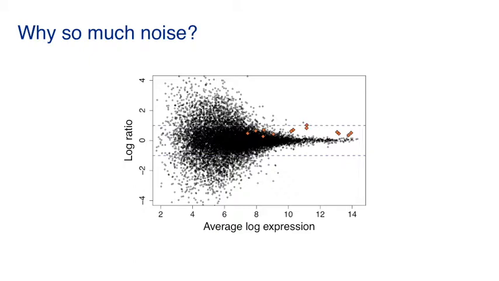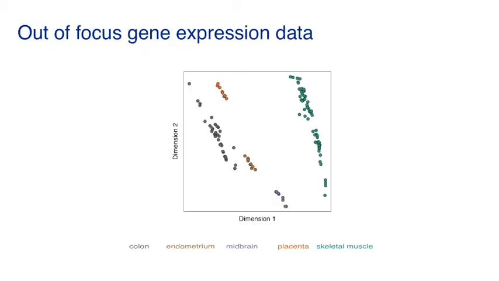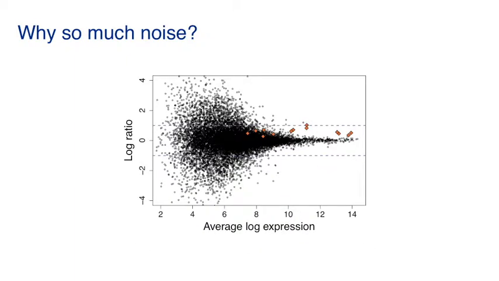So this is a plot of just two samples, and it's an experiment that was run just to check if the technology was working, where we took two random samples of the same RNA of the same sample.